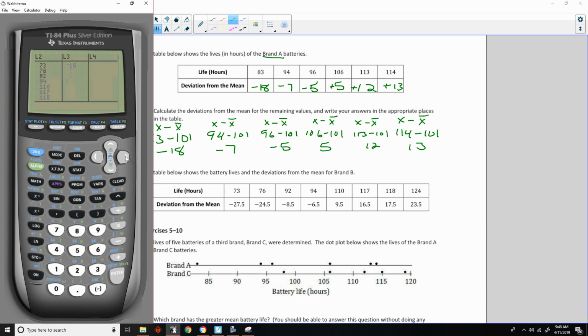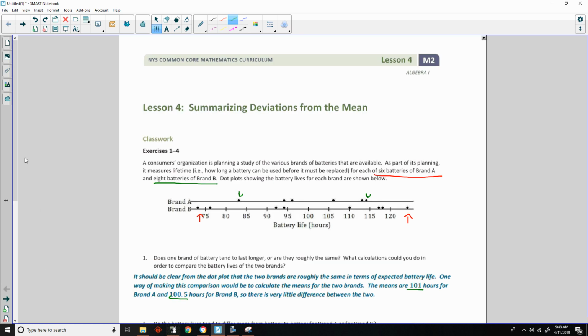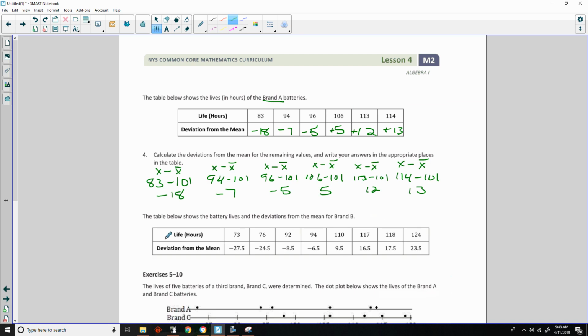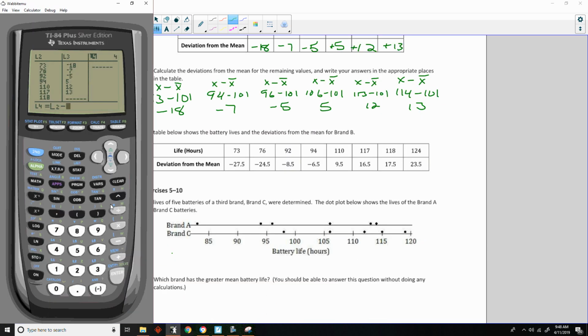Okay, so I can do the same for L4. So if I go over to L4, arrow up to it, well, now I want to take the values from L2, so that's second L2, minus, and the mean was, I want to make sure, but it was 100.5. So now I go back to my calculator and subtract 100.5 and hit enter.